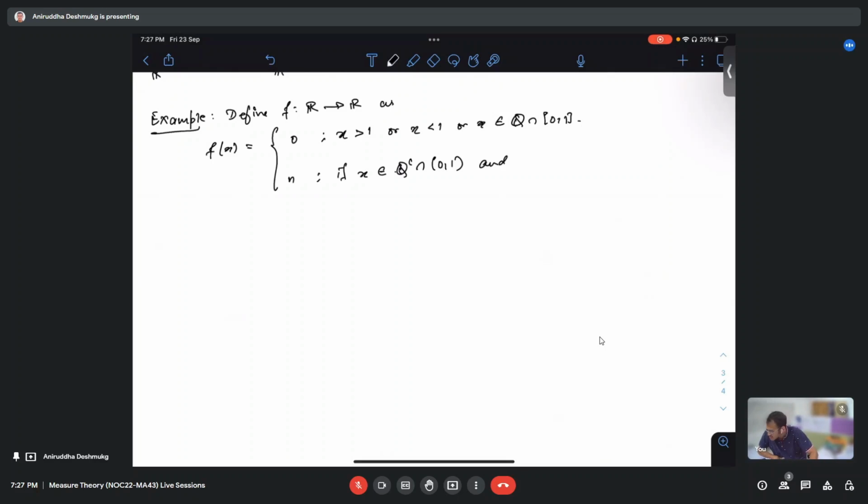And the first non-zero entry in the decimal expansion of x is at the (n+1)th place.